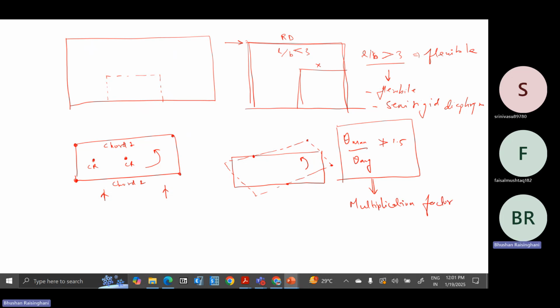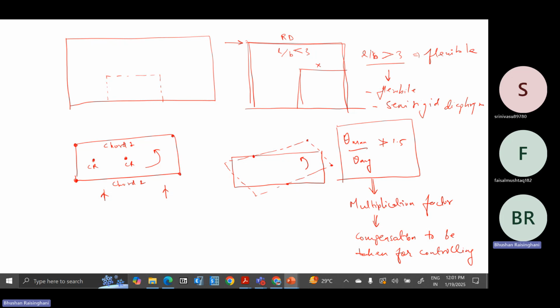So they estimate this multiplication factor and they call it a compensation to be taken for controlling the torsional behavior. So you have an additional moment factor. You apply that factor to all the moments, and with respect to that, up to let's say factor 3, you can go through that.